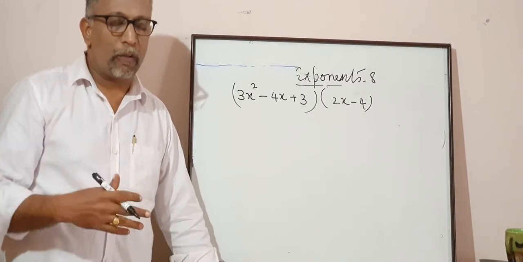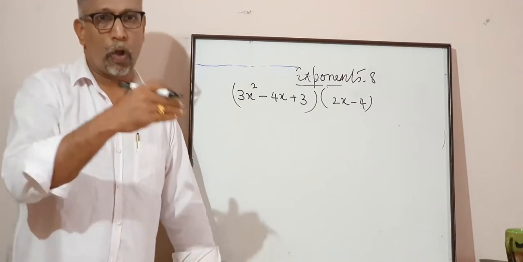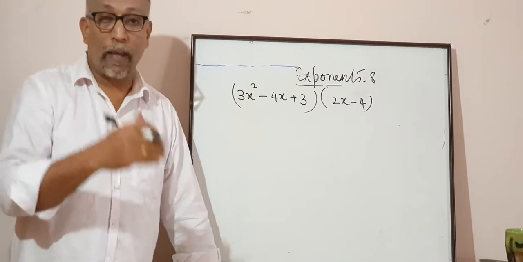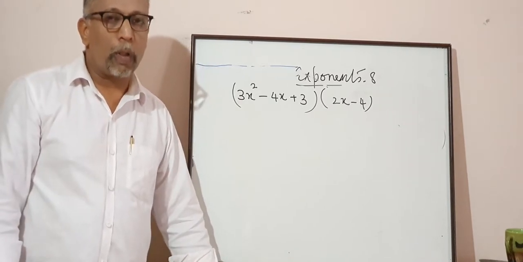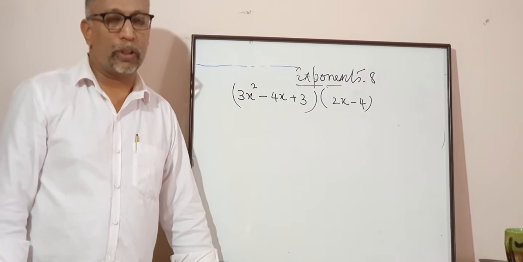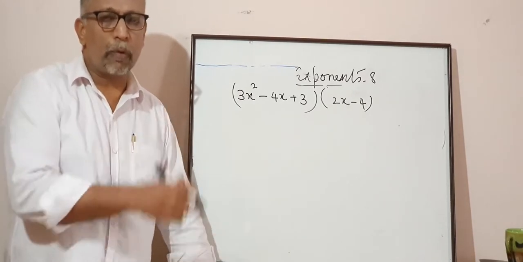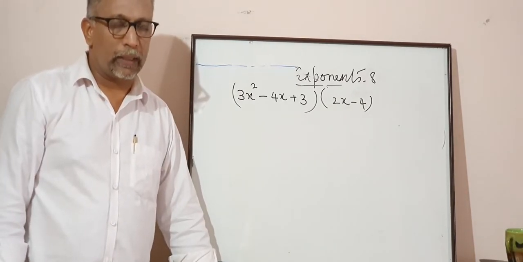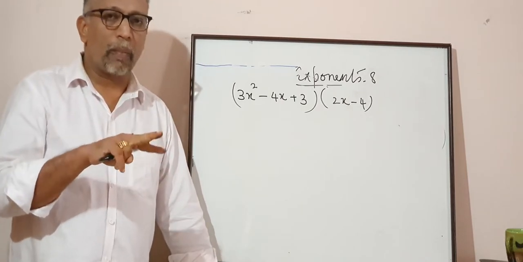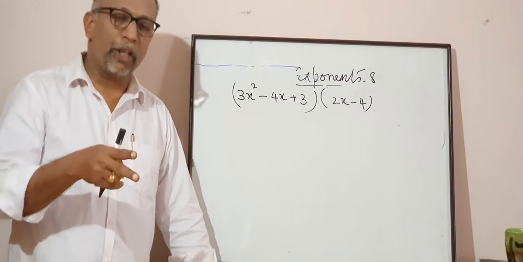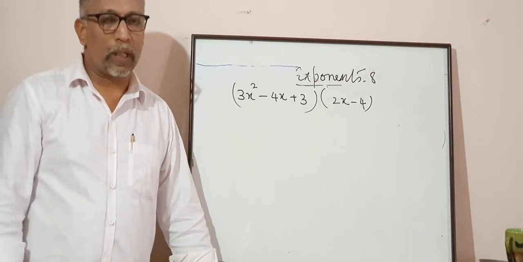They will ask you to divide one polynomial by another polynomial and verify it with the division algorithm. Questions of that kind normally used to come in the CBSE board examinations. So this type of multiplication is very essential. Here, both multiplication and addition of polynomials come.